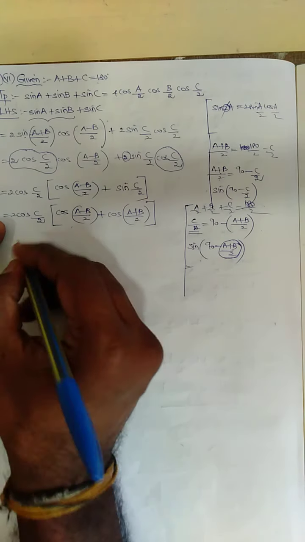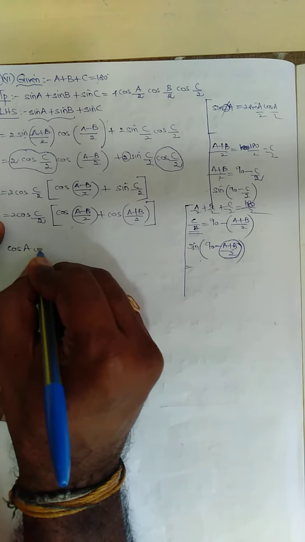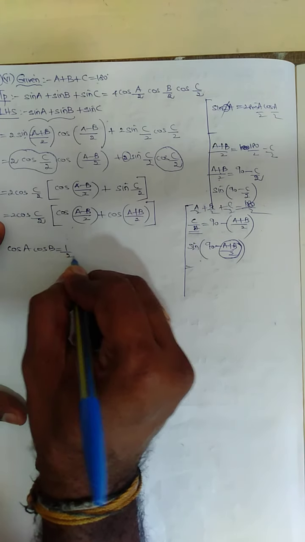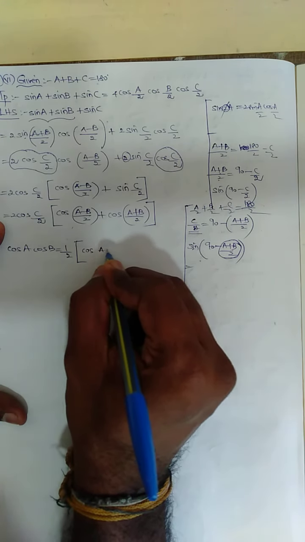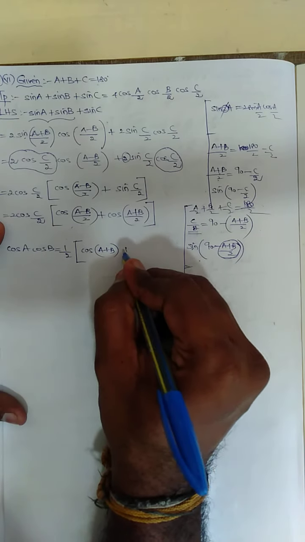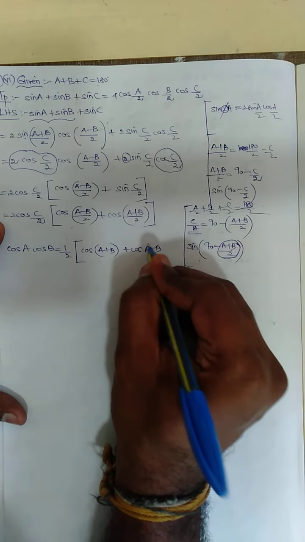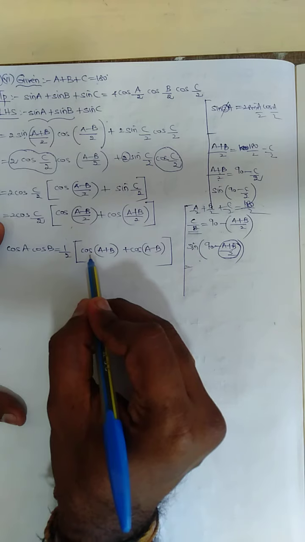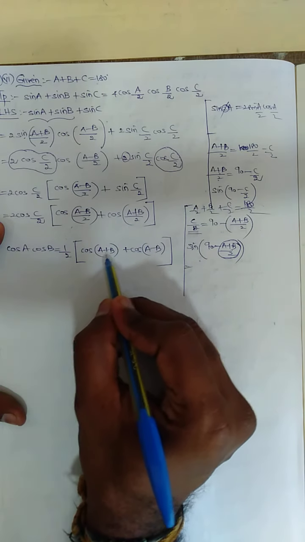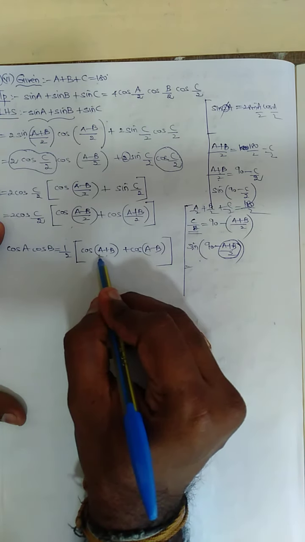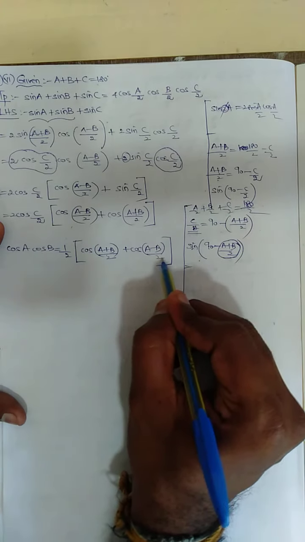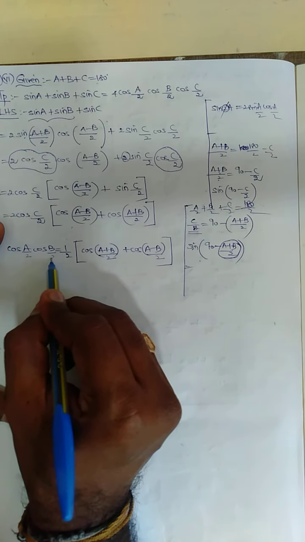You know the formula? Cos a plus cos b is equal to 2 cos (a plus b) by 2 cos (a minus b) by 2. But what is present here? Cos (a plus b) by 2 plus cos (a minus b) by 2. So in the angle we need to divide by 2.